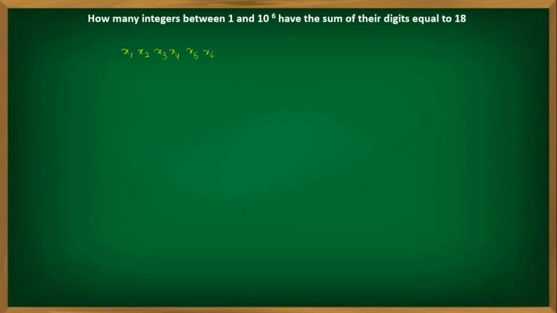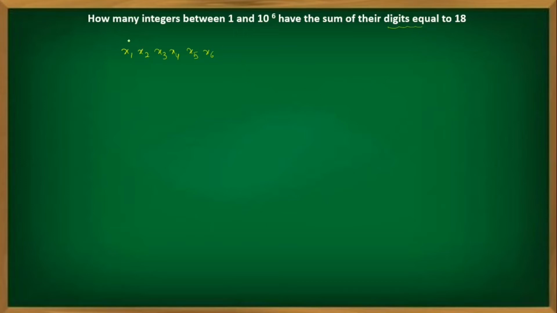But what is the condition mentioned here? We have to find all the numbers between 1 to 10 to the power of 6. That means you have to find all the single-digit, 2-digit, 3-digit, 4-digit, 5-digit and 6-digit numbers. But what is the condition? The sum of their digits is equal to 18.